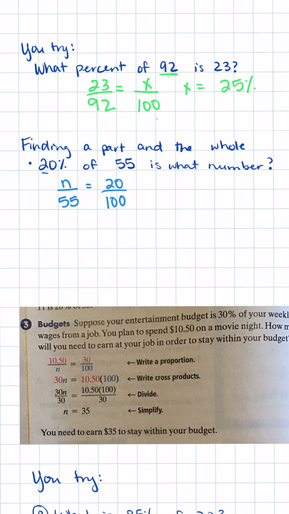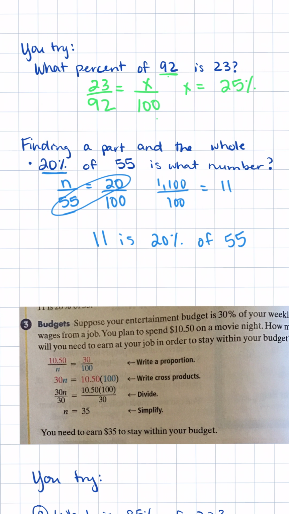I turned this percent into a fraction so that we could then cross multiply. So 20 times 55 equals 1,100 divided by 100 equals 11. So 11 is 20% of 55.